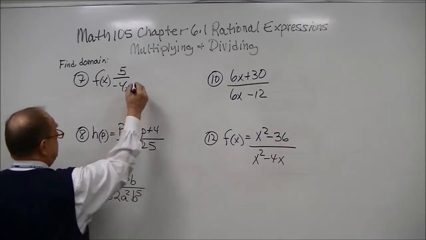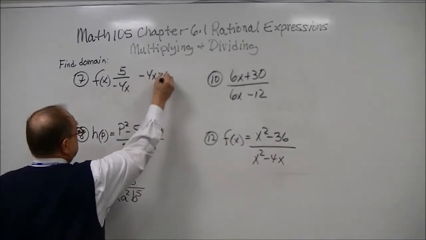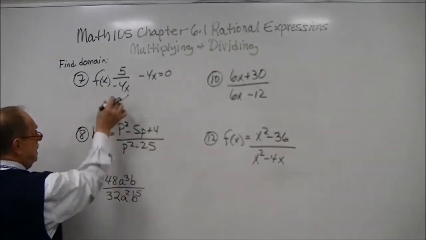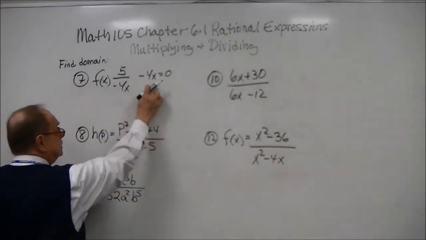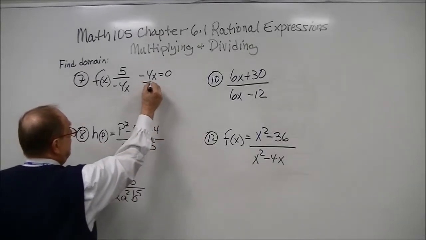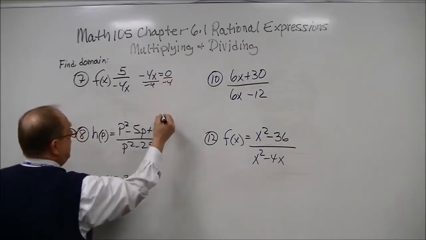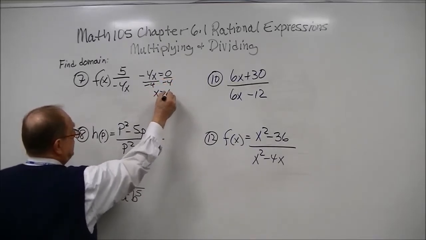Well, the way we do it is we just say negative 4x equals 0. We equate the denominator to 0 and then solve. And we're going to divide both sides by a negative 4. And we get x equals 0.